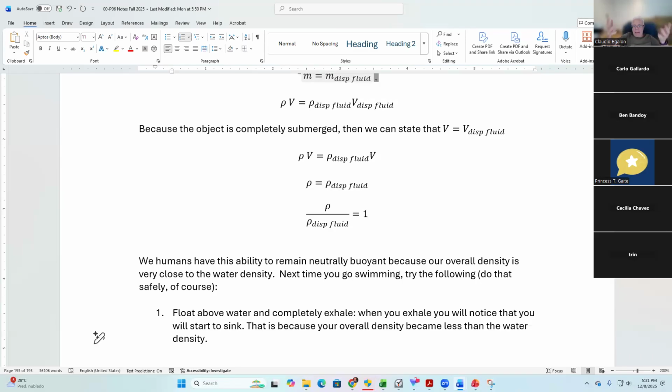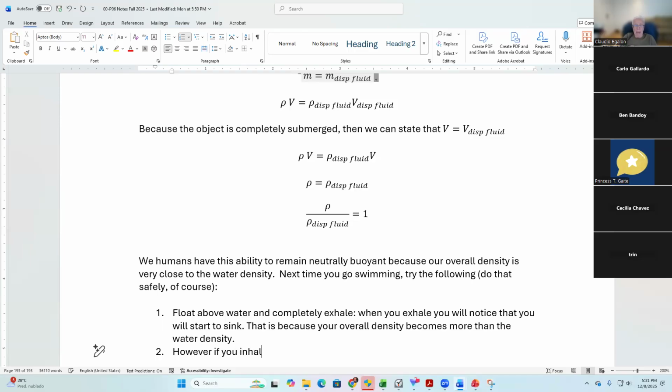If you completely exhale the air, your density becomes larger than the density of water, okay?